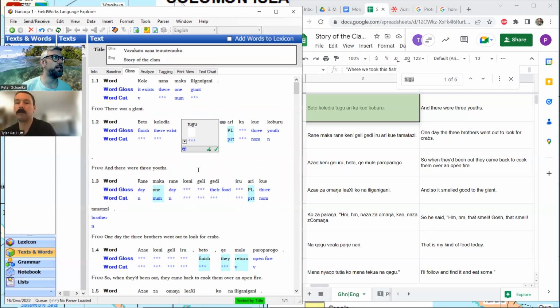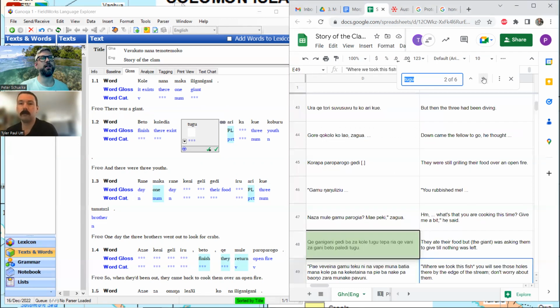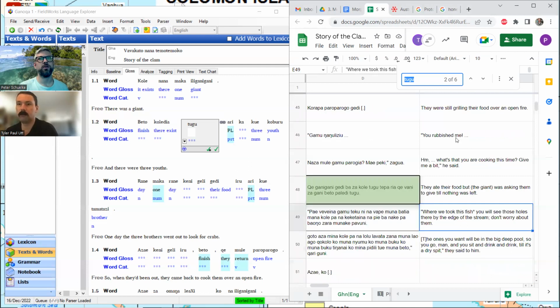Well, so there were three kids, but the giant is the one that dies. Yeah, so not totally sold on either meaning of tugu. I looked at those when you had a small break. They ate their food. The giant was asking them to give till nothing was left. So they ate their food also.